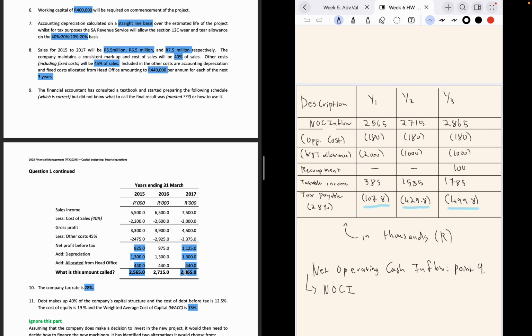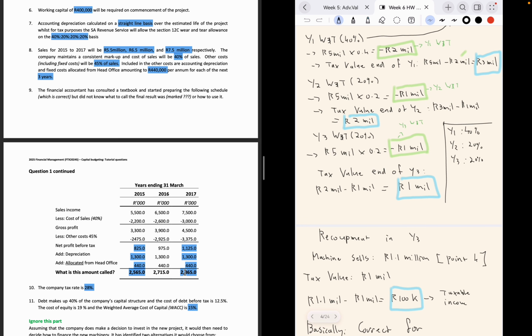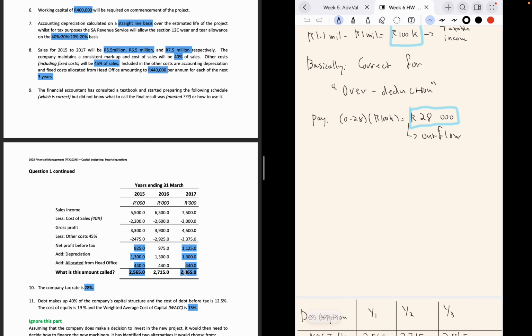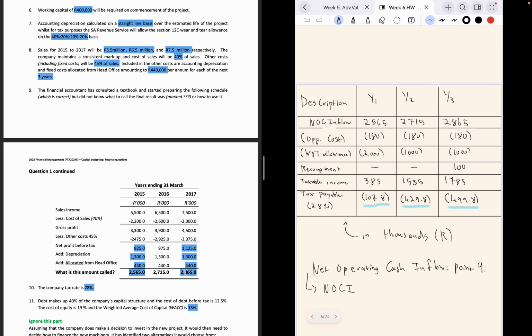The wear and tear allowance, we've calculated that to be 2 million for year one, 1 million for year two, 1 million for year three. You can just go back. We already calculated it. And then in terms of recoupment, that's what we also need to add. So we calculated that as 100,000 rand.